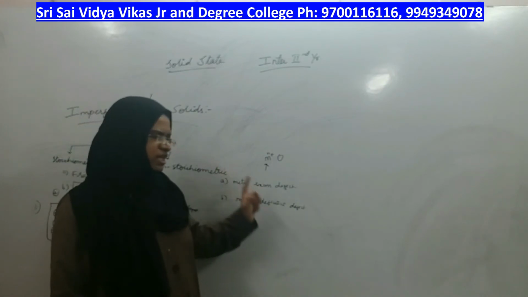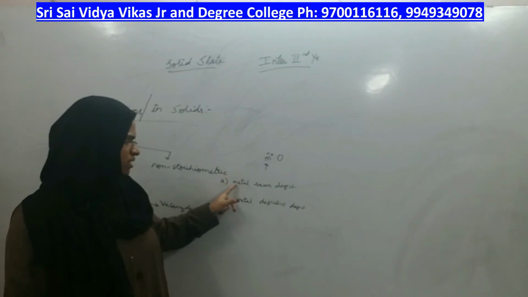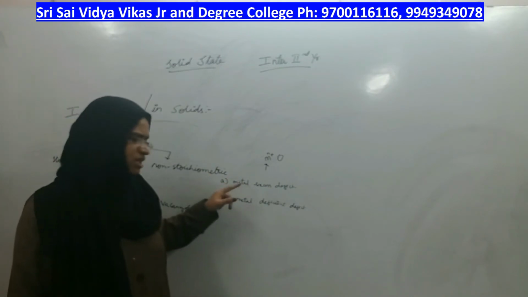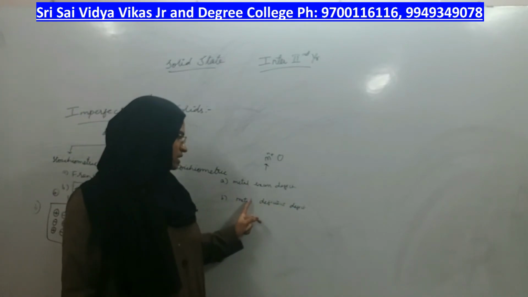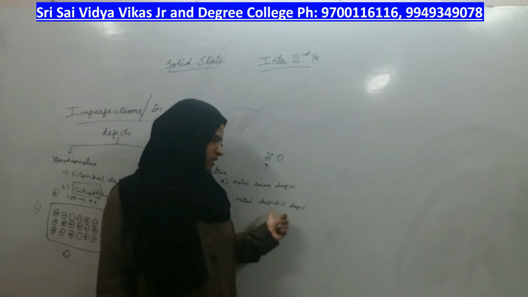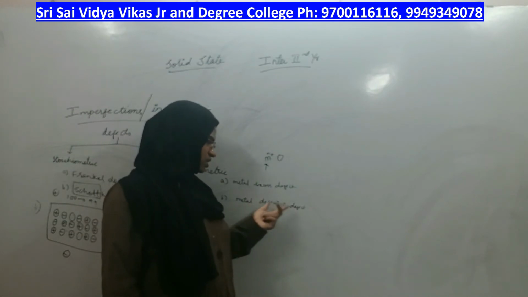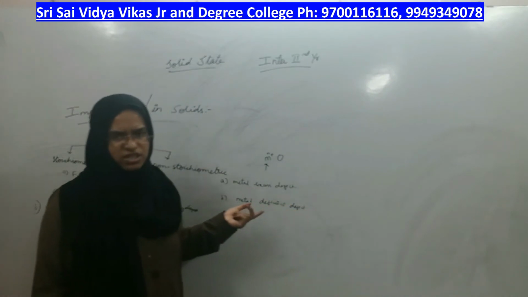That means the vacancy is made only by cations, which is nothing but metal. And that deficiency of metal is called metal deficient defect. Metal is lesser than the anion. Metal means cation. Cations are lesser than anions. Cations are deficient. Therefore, metal is deficient. This defect is called metal deficient defect.